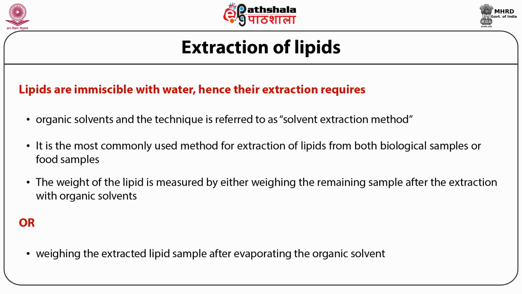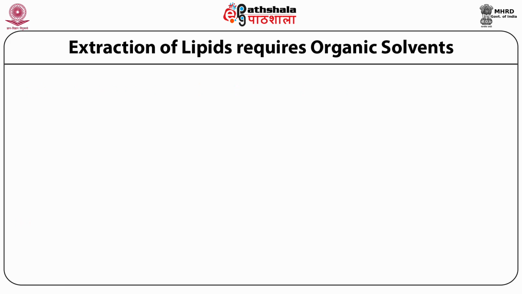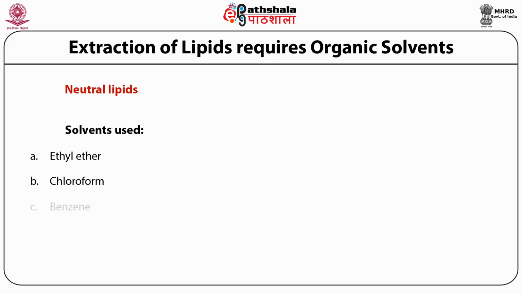have begun analyzing. So different mixtures of organic solvents are used to isolate different types of lipids. For example, if you are interested in isolating or extracting neutral lipids from a mixture, the solvents that you would prefer to use would be ethyl ether, chloroform, or benzene.